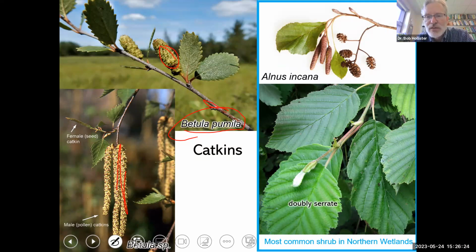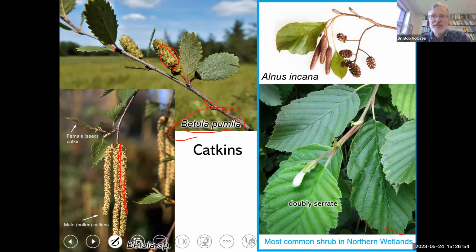But Alnus is super common. If you are in a wetland, it's the most common shrub in northern wetlands. North of Grand Rapids, like Grand Rapids is kind of the border. South of Grand Rapids, the dominant shrubs in wetlands are going to be willows and dogwoods and buttonbush.